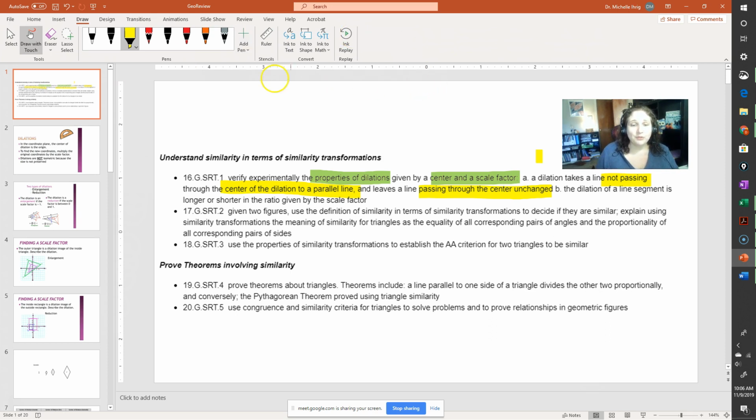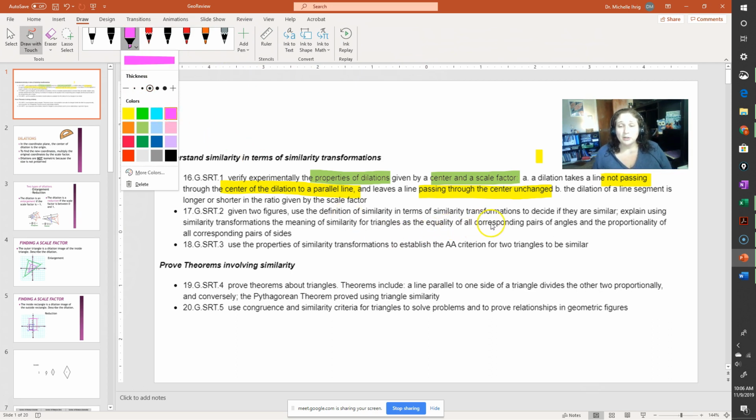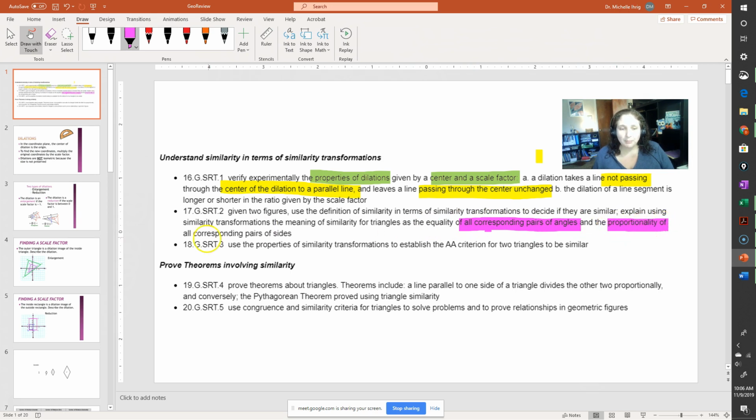Next, given two figures, use the definition of similarity in terms of similarity transformations to decide if they're similar. We're going to explain similarity transformations by this part right here: corresponding pairs of angles and the proportionality of corresponding pairs of sides. That's the main thing I tell you when it comes to whether they're similar.